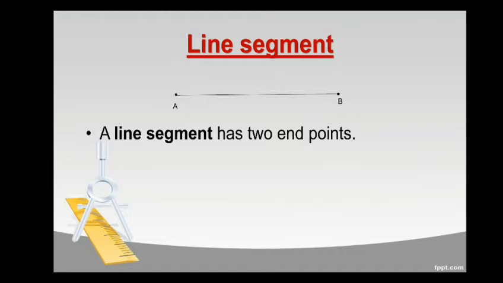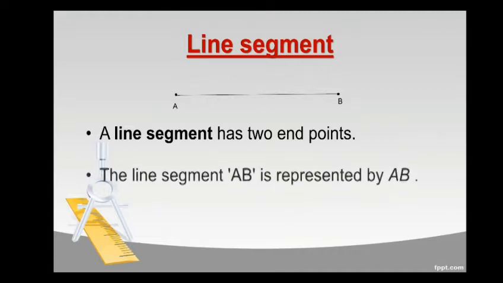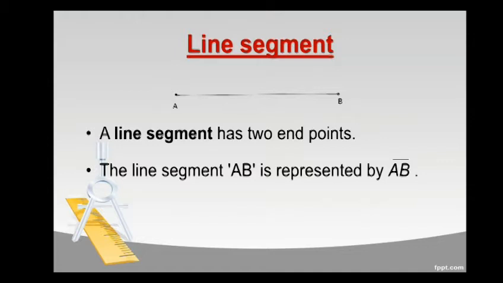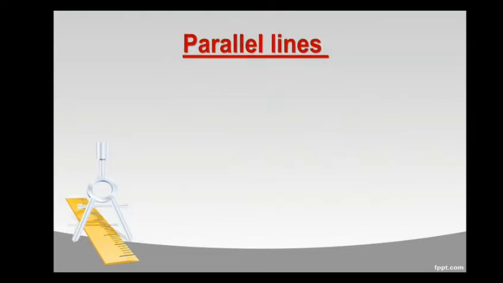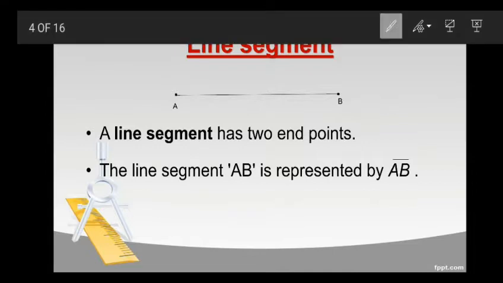So a line won't have any end points. It will extend towards both directions, but a line segment will have end points. A line segment can be represented by AB, and upon AB you have to write a line.